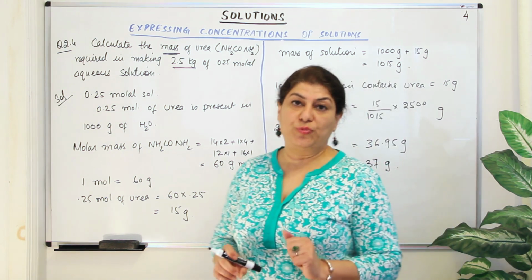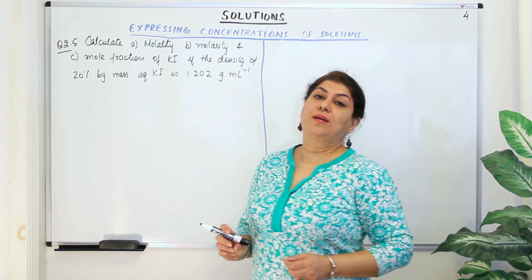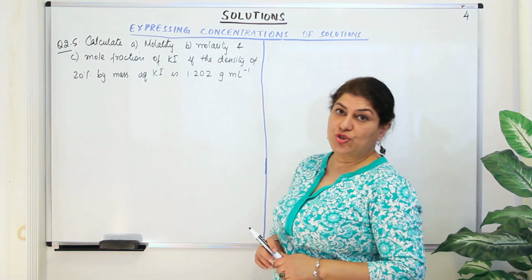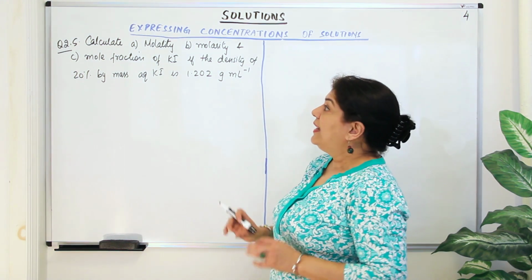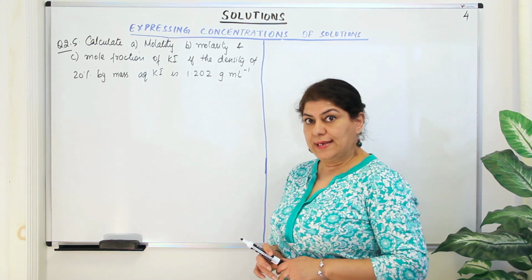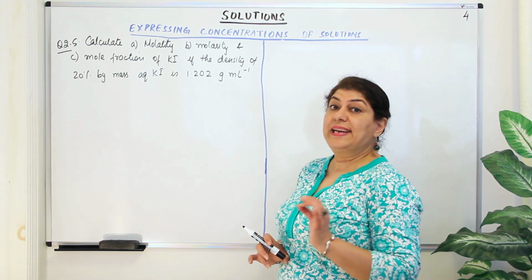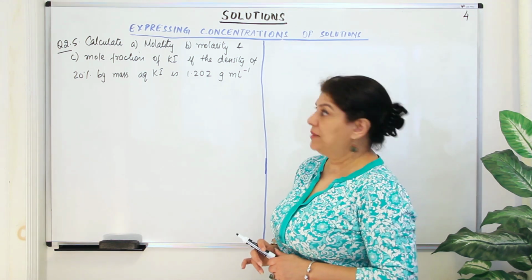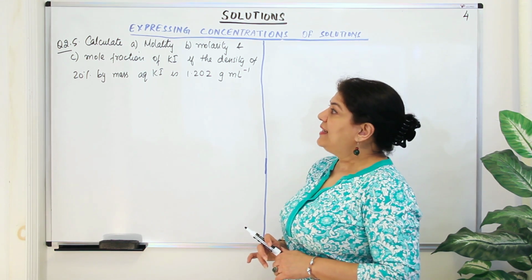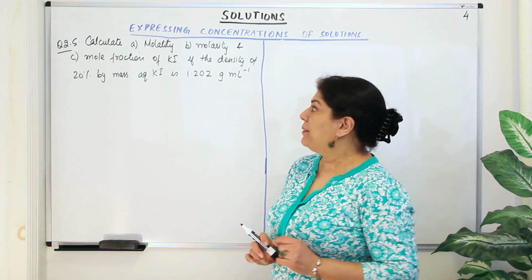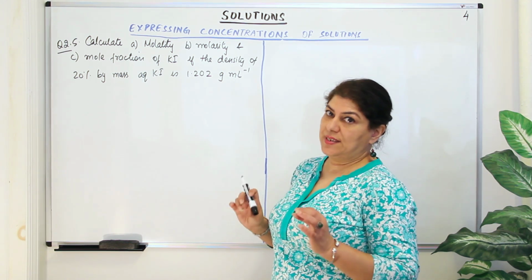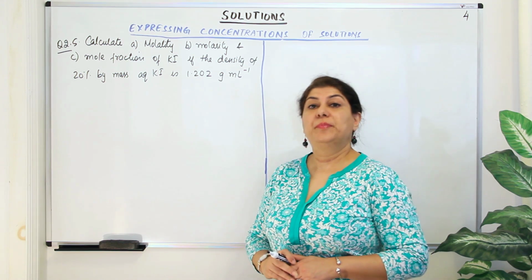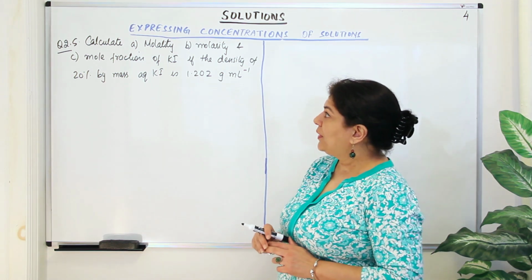Let us move to question 2.5. And here comes the last question for today. It reads, calculate A, molality, B, molarity, and C, mole fraction of potassium iodide if the density of 20% by mass of aqueous potassium iodide is 1.202 gram per milliliter.